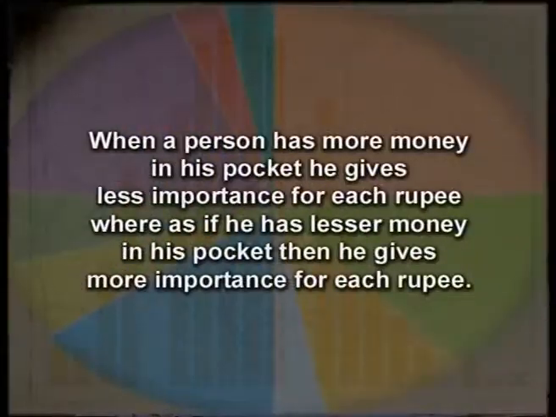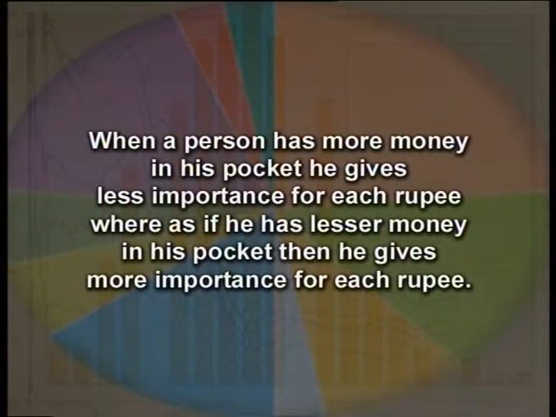But if he has just 5 or 10 rupees in his pocket, and a beggar asks him for 1 rupee, he may not be willing to part with it. This shows that when a person has more money in his pocket, he gives less importance to each rupee, whereas when he has less money, he gives more importance to each rupee.